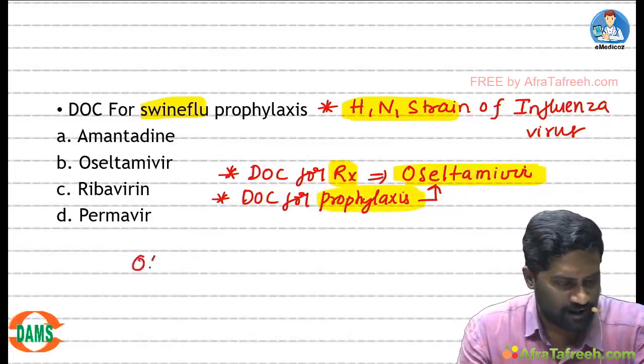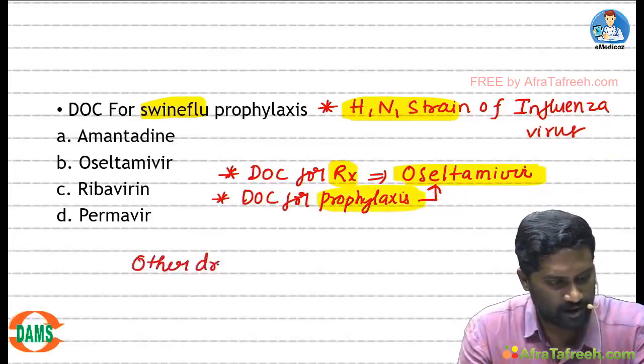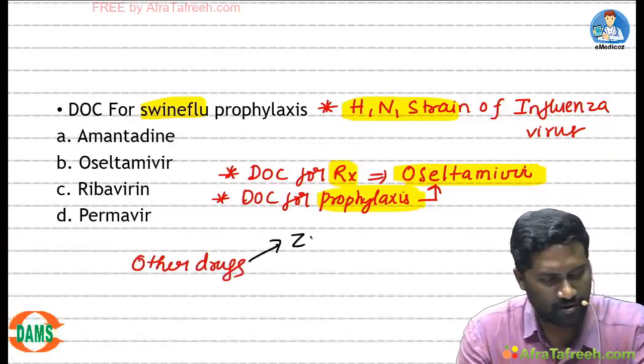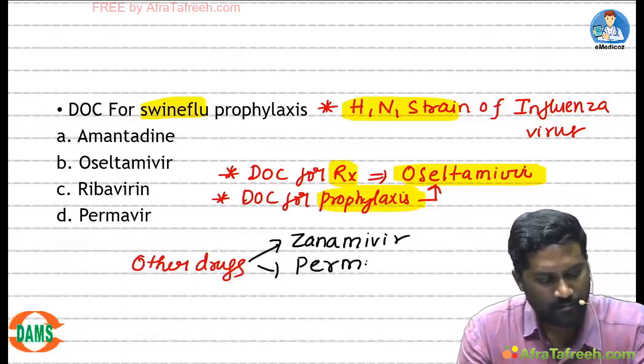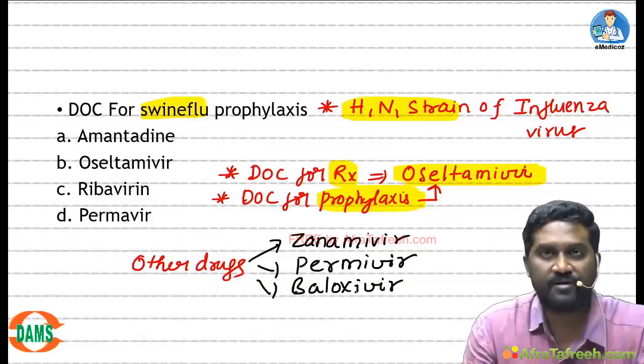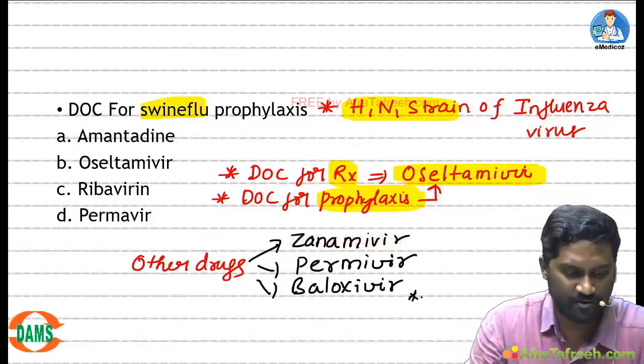What are the other drugs that are helpful in management? Other drugs that we have are zanamivir, peramivir, and the recently approved baloxavir. So these were recently approved, especially this baloxavir.